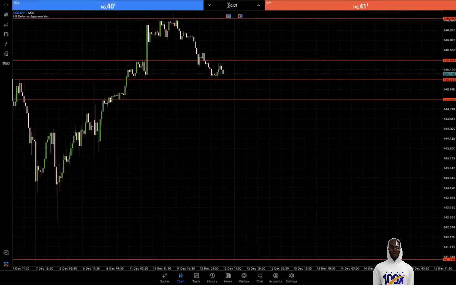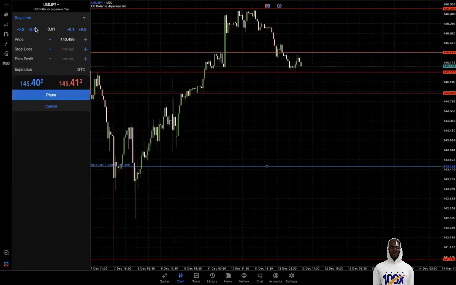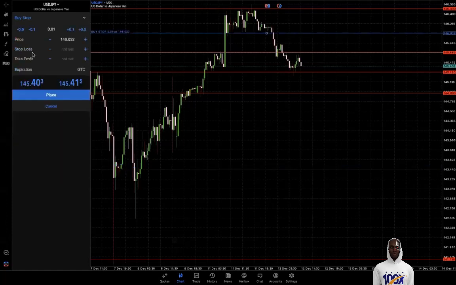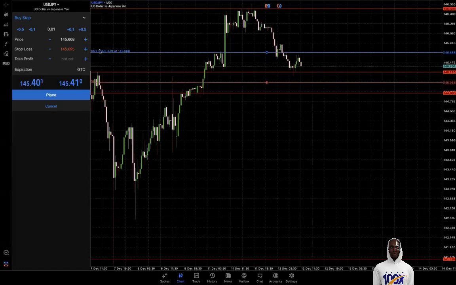So let's do that. Here we come, set a buy stop order at this level. Then a stop loss order. I'm setting my stop loss order here.